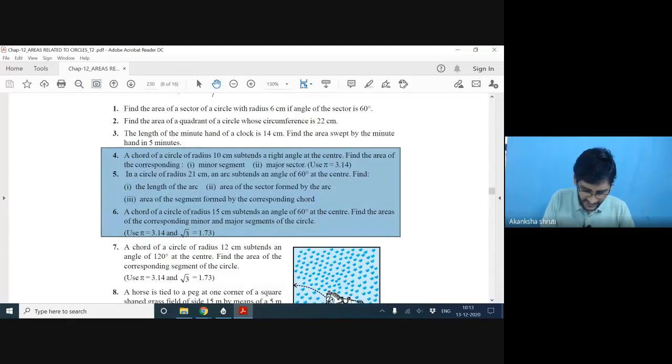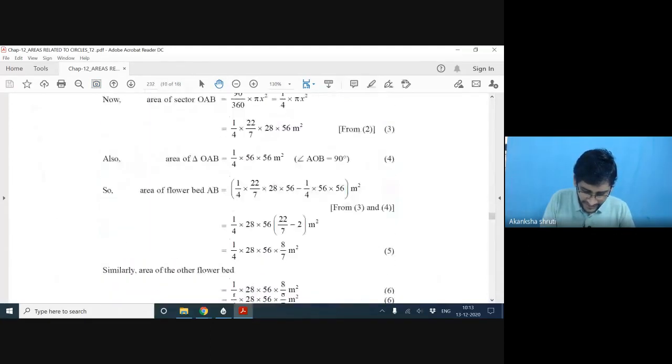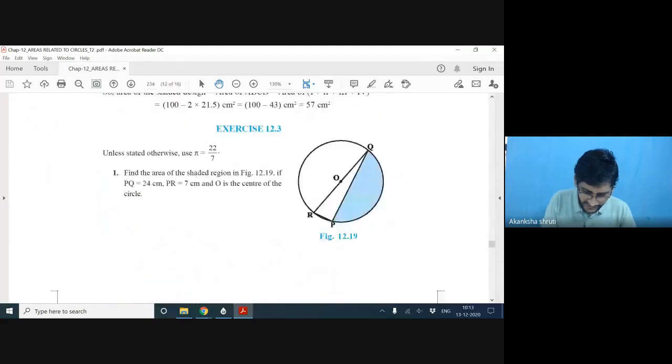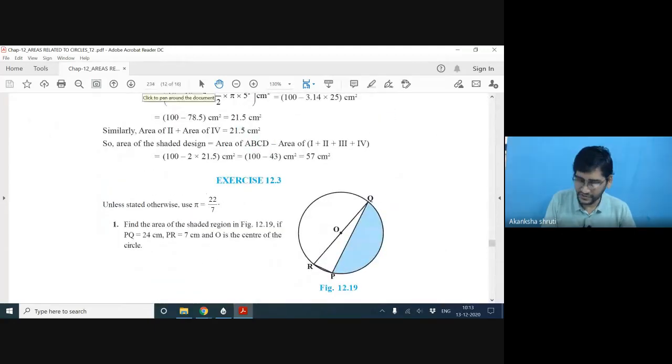Students, not only this much, even just by adjusting this, we can get the area of a connected figure. This I will do tomorrow, or in the evening we will do it. Same concept. For getting this, the area of the entire circle or area of the half circle minus the area of the other triangle, you can get it. Rather than the sector angle, some other angle is given, like this 90 is given.